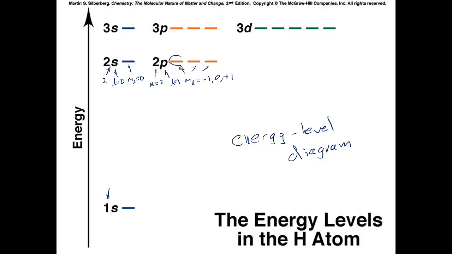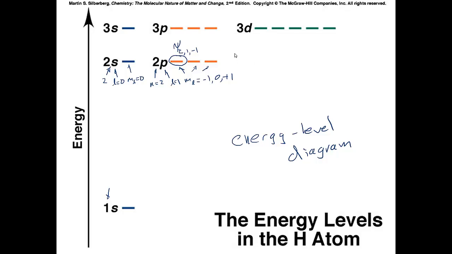So each little line represents a different wave function with its own set of quantum numbers, like 2, 1, and -1. So each one of these is a different orbital, with a different orientation. So there are three 2p orbitals, but they have exactly the same energy as the 2s orbital.